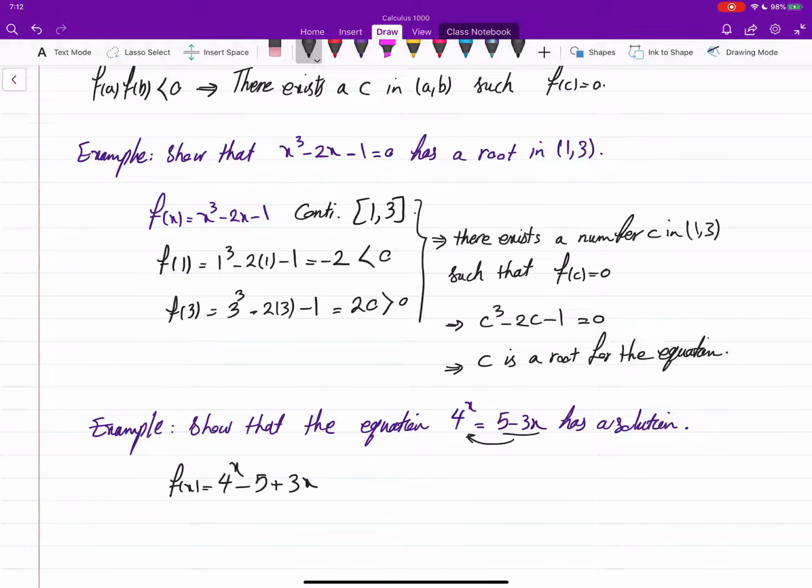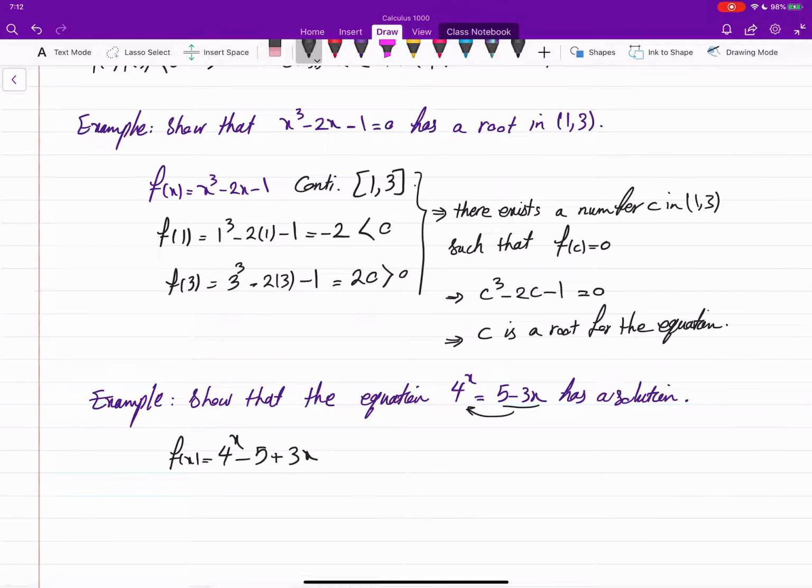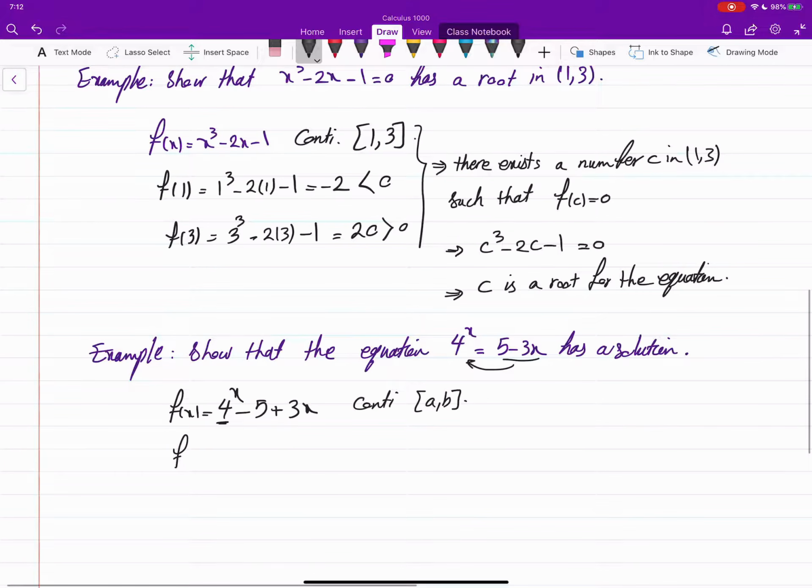Well, again, this is continuous. This exponential is continuous, this polynomial is continuous. So it is continuous everywhere on all intervals a and b. And now we have to find two values of x such that when we plug into f, they will give us numbers with different signs.